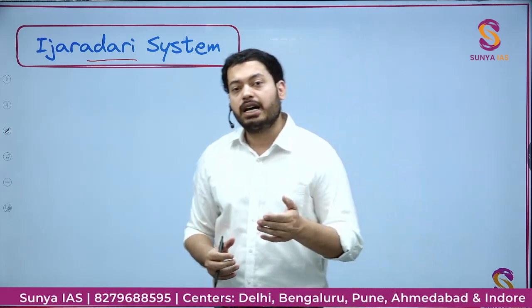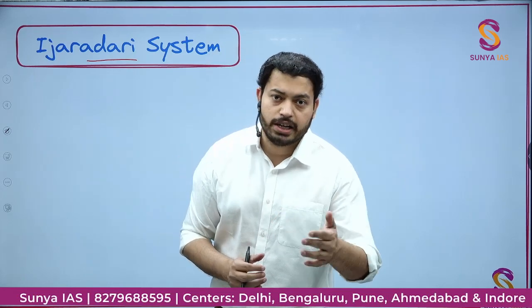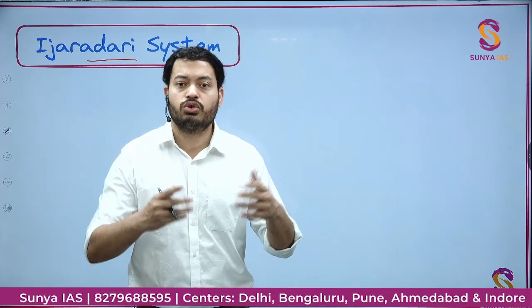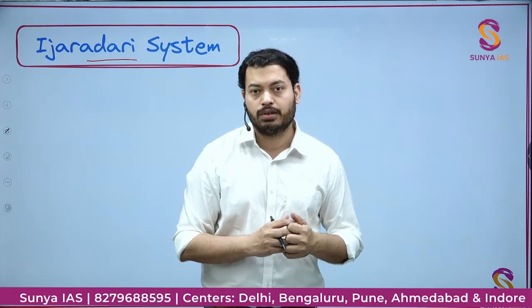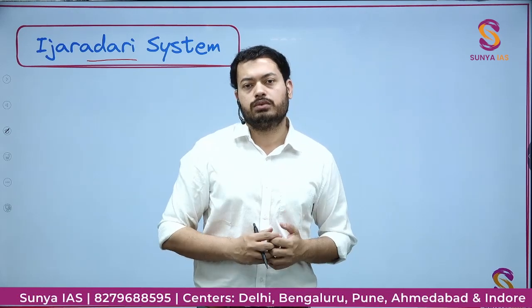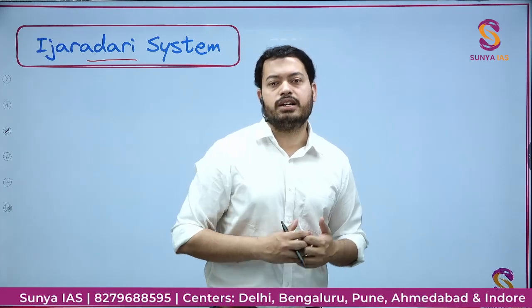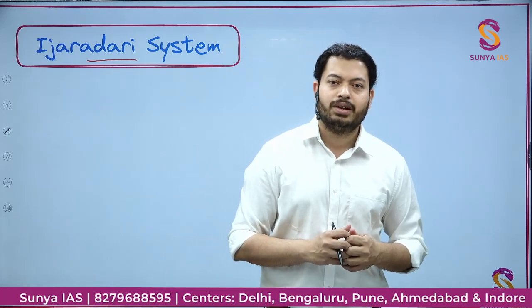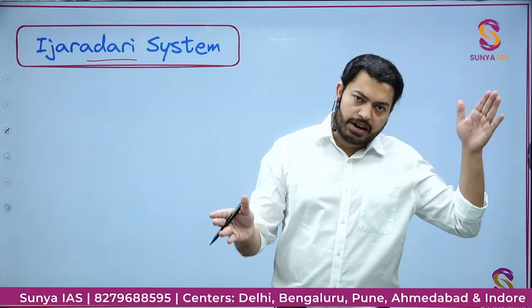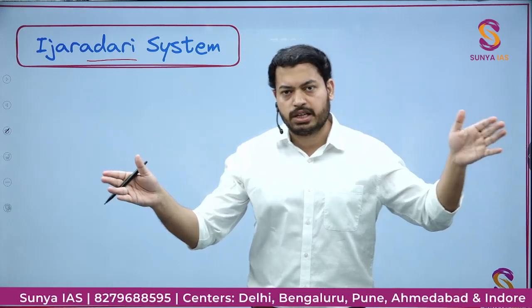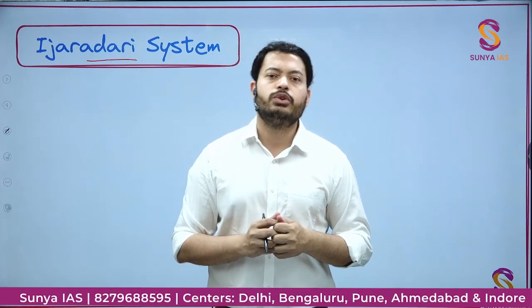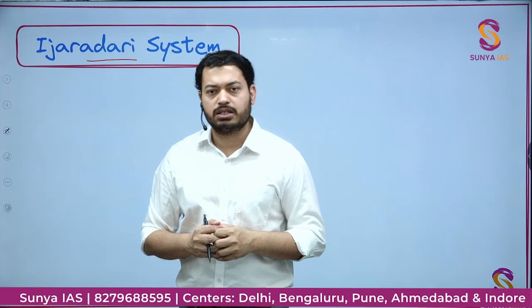Now, Izaredari was already mentioned in the Mughal text code from the 1580s itself, although it was never used. And this is where you will understand why it is important, because all the great Mughals, right from Babur to Aurangzeb, there were 6, knew very well what the Izaredari system does.